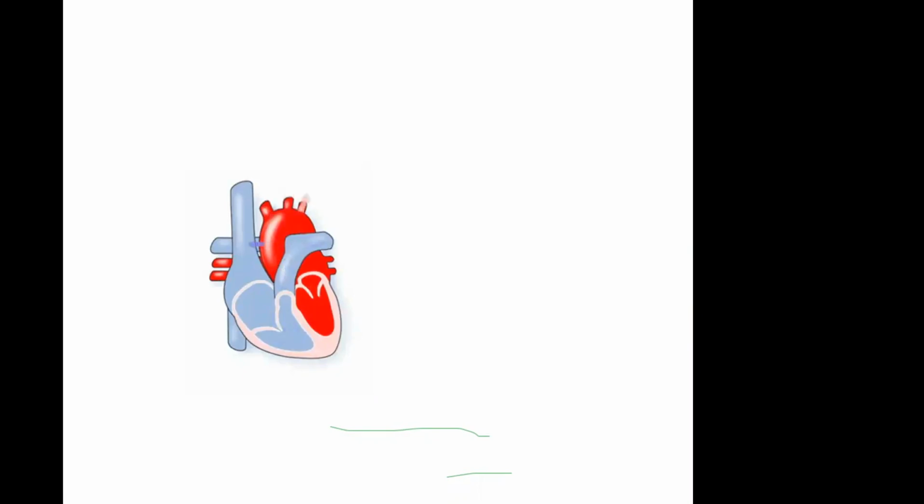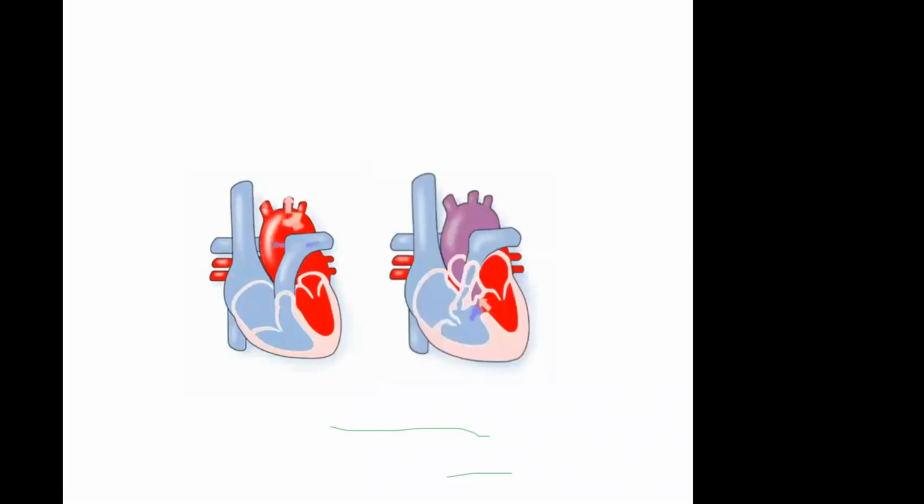So what was that? Those four anomalies, as I said: VSD, overriding of the aorta, pulmonary valve stenosis, and of course the RVH. So that is why it is called the tetralogy of Fallot.